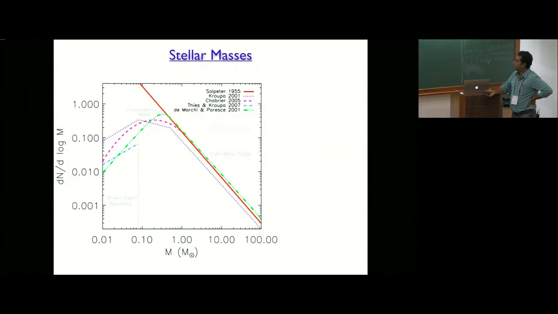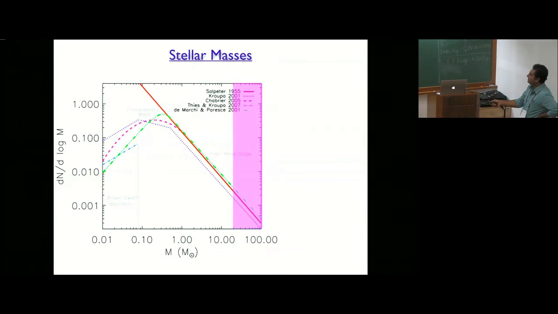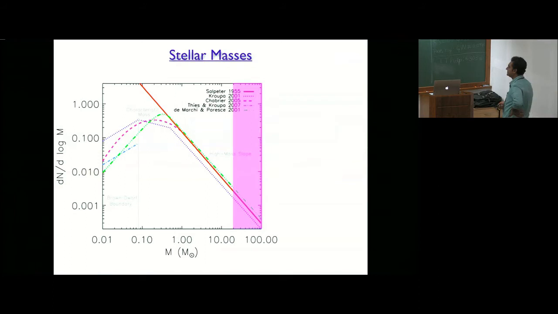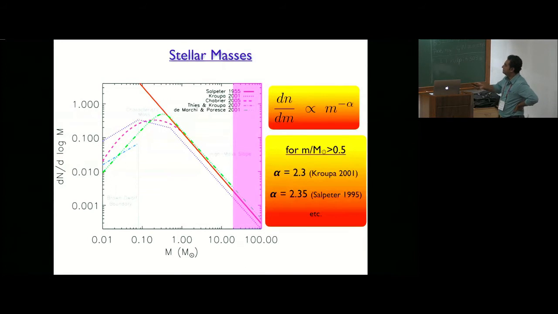What I want to, so if you haven't realized this yet, roughly this part is the part that creates black holes. So it's a very tiny area of the whole parameter space. And if you write down the number of stars per mass n as some power law of the mass, then the usually used power law indices are pretty steep.